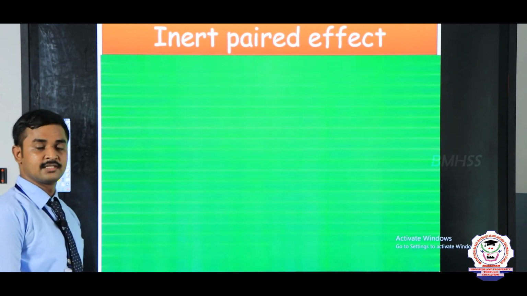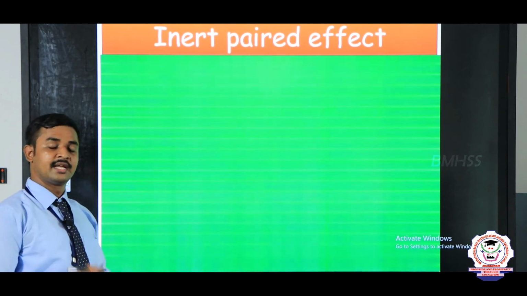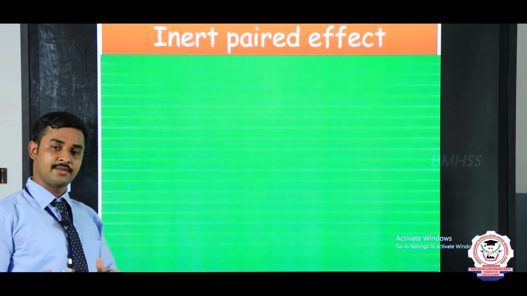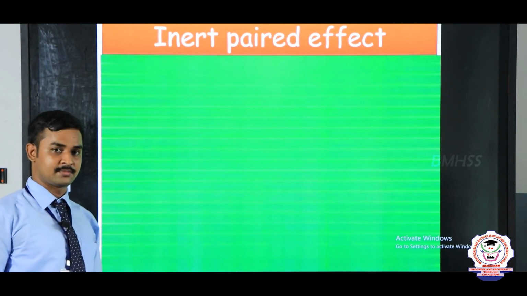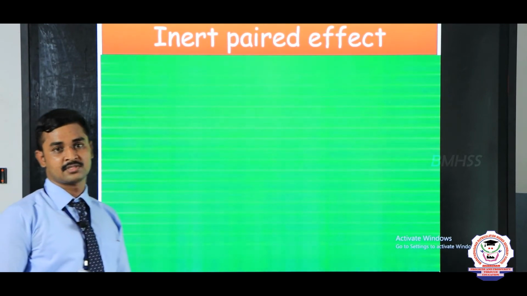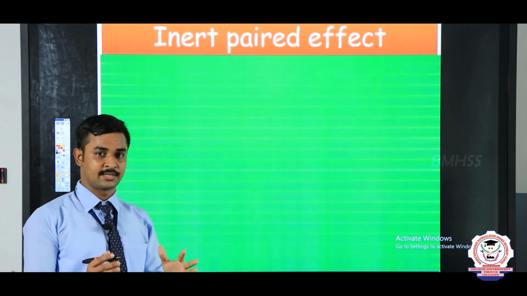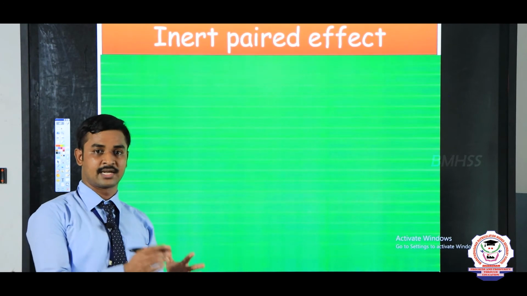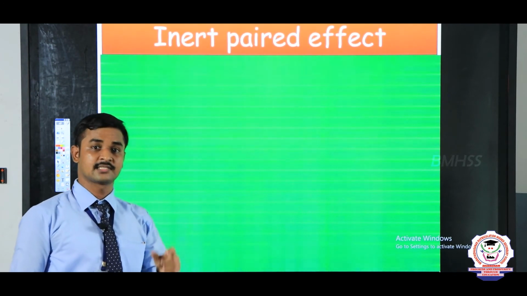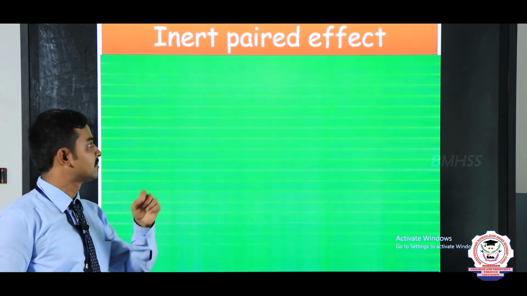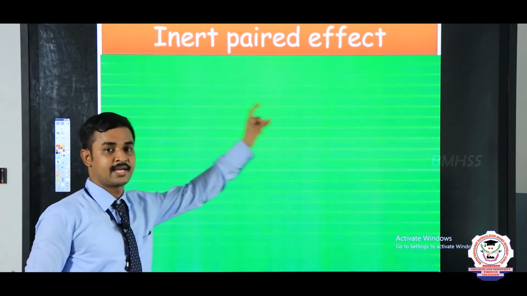Another character is the inert pair effect. The inert pair effect is nothing but the same as the metallic character of the atoms. Metallic character of the atoms denotes that the atoms give electrons to get stabilization and behave like metals. To get stabilization, they lose the electrons, you know, and that tendency is the inert pair effect.